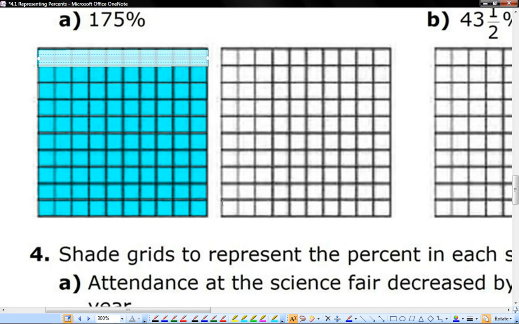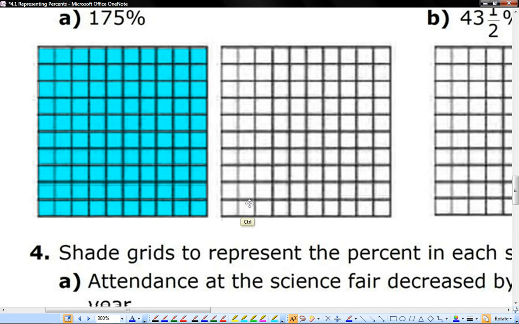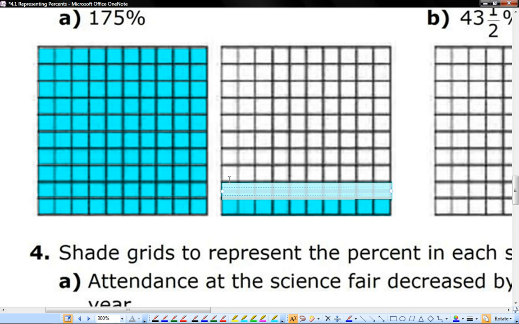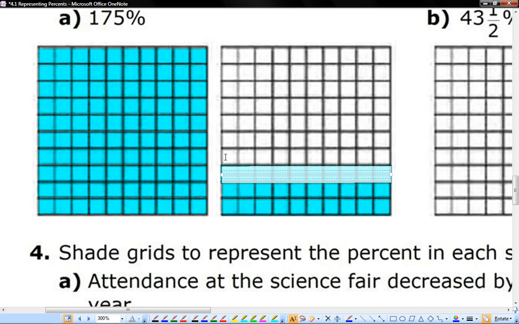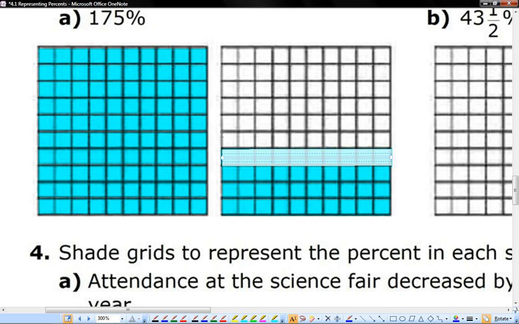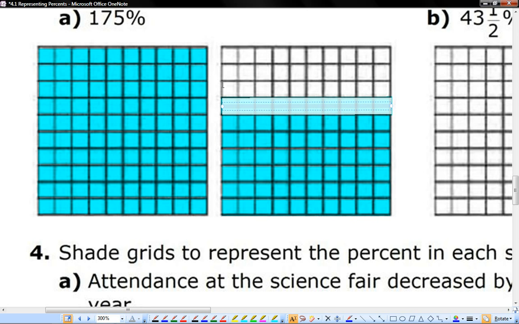The next 100 grid we've got 10, 20, 30, 40, 50, 60, 70, and that would be 75 now. So now I have shaded in 100 plus 75%.